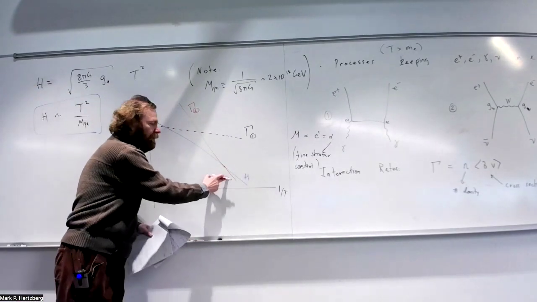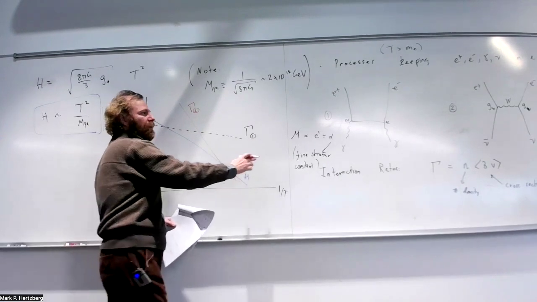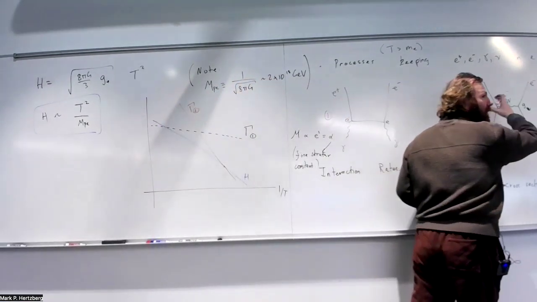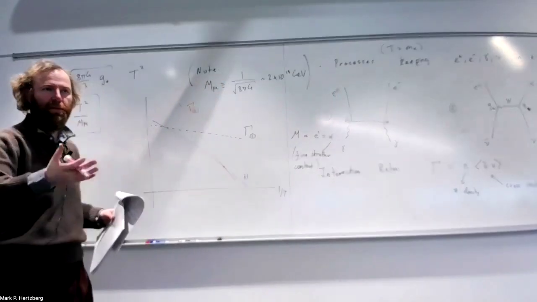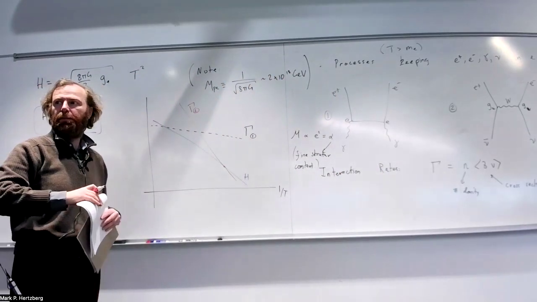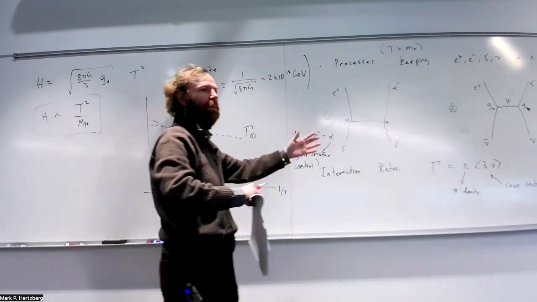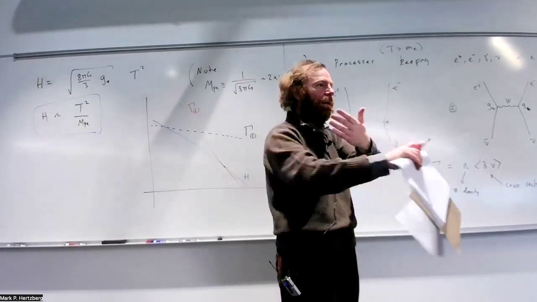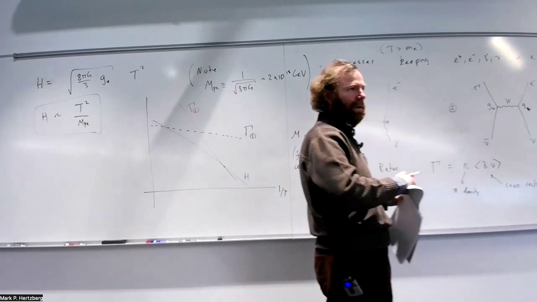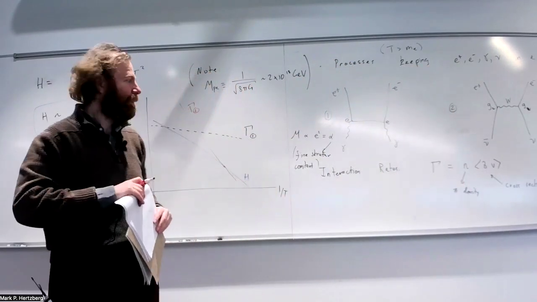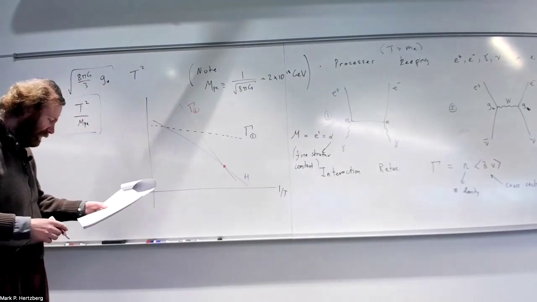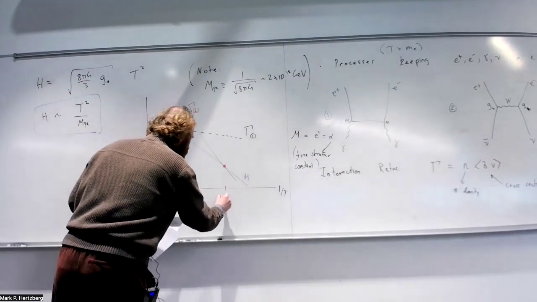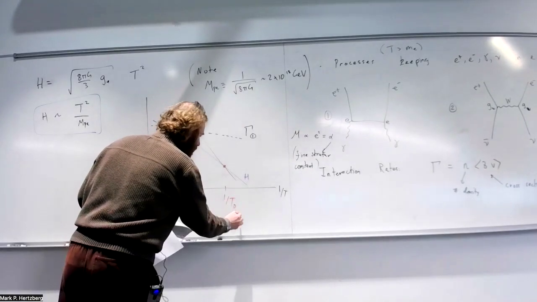Okay, so down here in this era, this process is happening too slowly, and neutrinos decouple. So they stop talking to the rest of the universe. Does that make sense? So they're just left on their own, free streaming neutrinos, and they never meet, and they never annihilate back into e plus e minus, or even talk to photons. And then you just have to compute the point at which that occurs. So let's call this 1 over T_d for decouple.